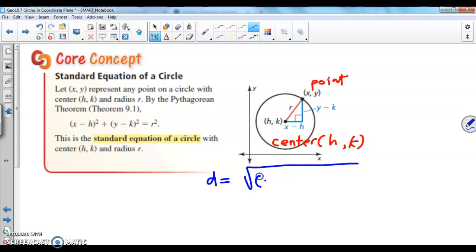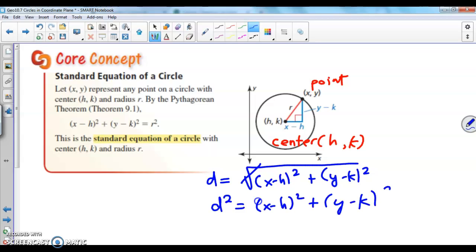So we put (x minus h) squared plus (y minus k) squared. So this formula is similar to what we have over here, but where did they get the r squared from? If you square both sides of this equation, you'll get d squared equals, now if you square this one, the radical sign will go away, and then you'll have (x minus h) squared plus (y minus k) squared.